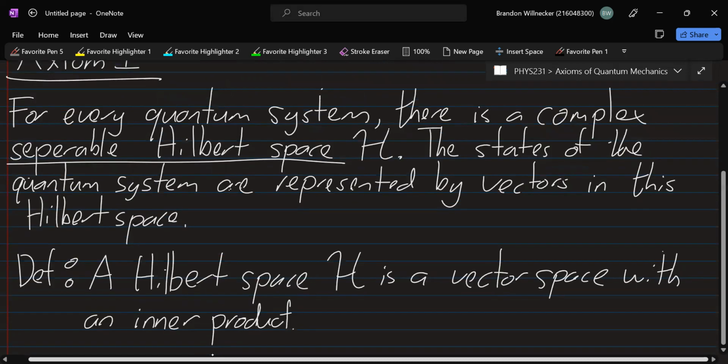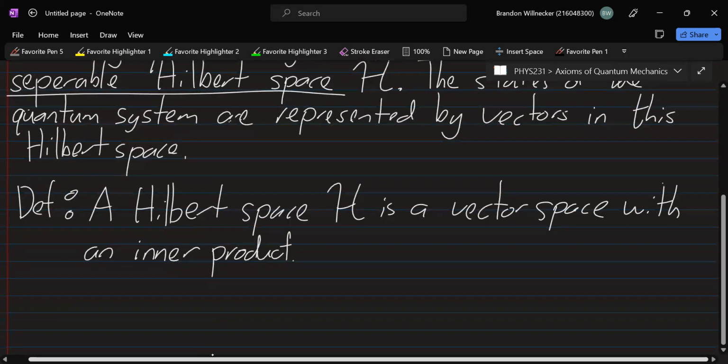But then there's this extra word, separable. What does that mean?